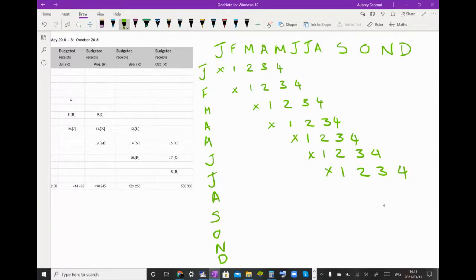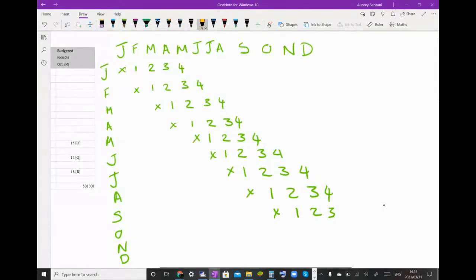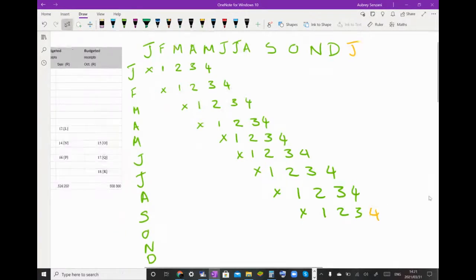And then here in August, we say no August, September is month 1, October is month 2, November is month 3, and December is month 4. And then finally for September, they did give us September for something. So here we're going to say no September. Then we say month 1 is October. Month 2 is November, and then month 3 is December, and then January the following year. Let me just put that in yellow. Okay, is 4 there. Okay, cool.